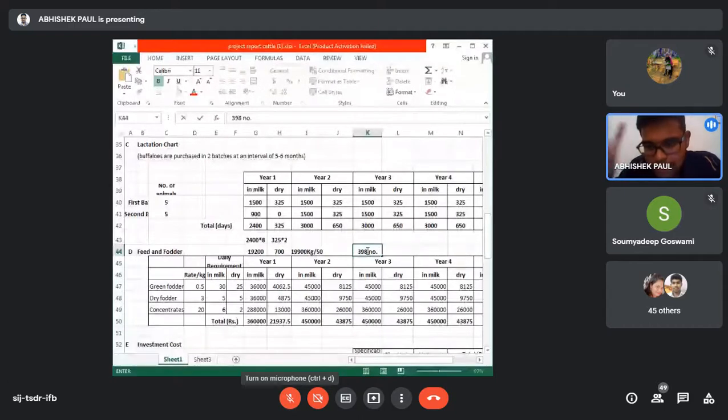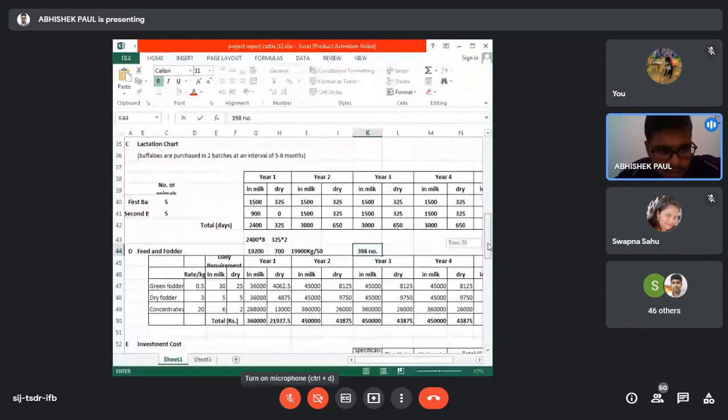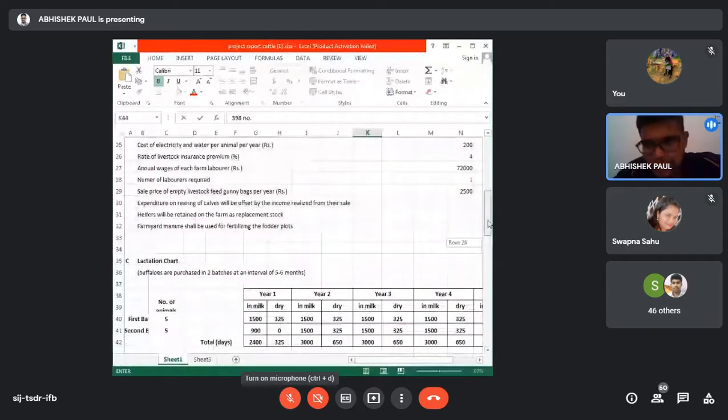Because we are assuming one gunny bag contains 50 kg of concentrate, like our rice bag, which is also 50 kg. If you divide by 50, then the total number of gunny bags will come. Okay, Sapna, is it okay? Yes, sir. So 398 is the total number of gunny bags we will get in the first year.